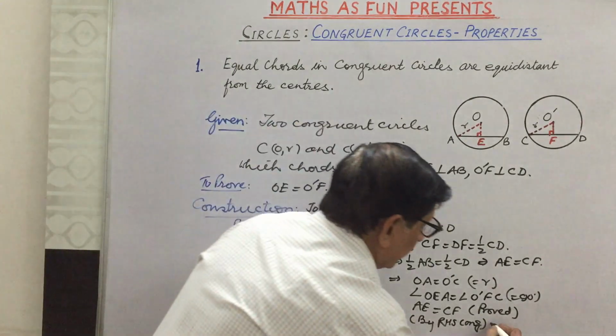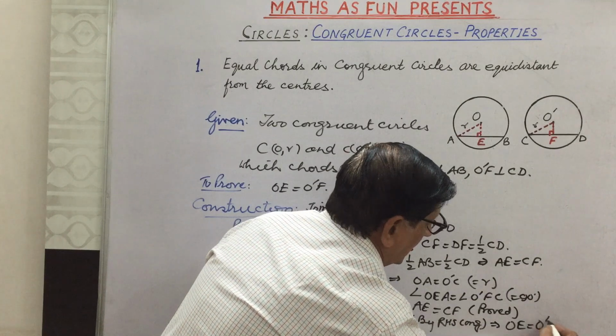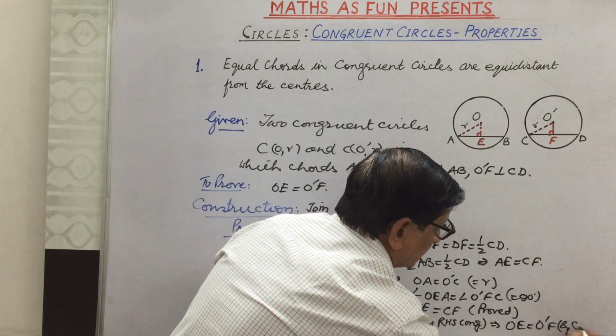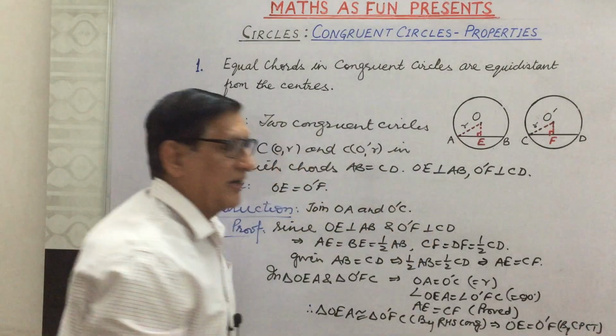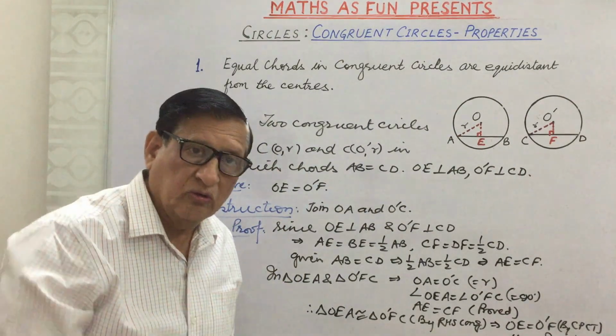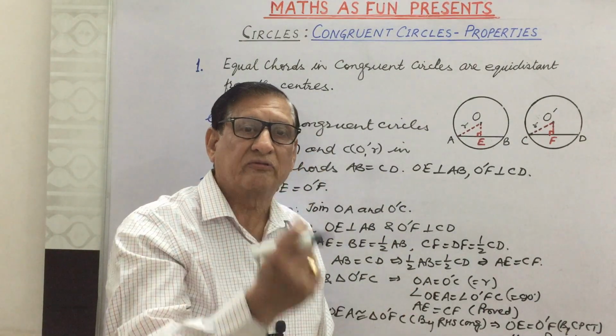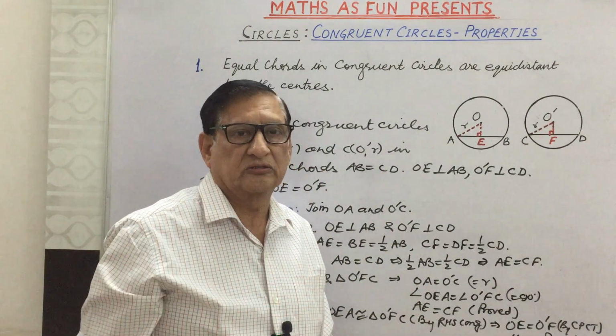And if they are congruent, then we can say that OE is equal to O dash F by CPCT, that is by corresponding parts of congruent triangles. So not only in the same circle, even in the congruent circles, equal chords are equidistant from their centers.